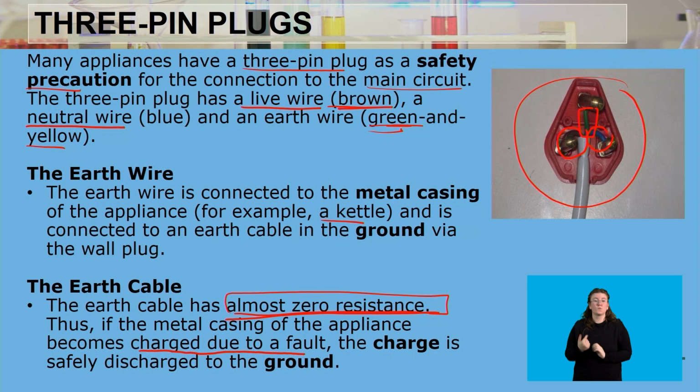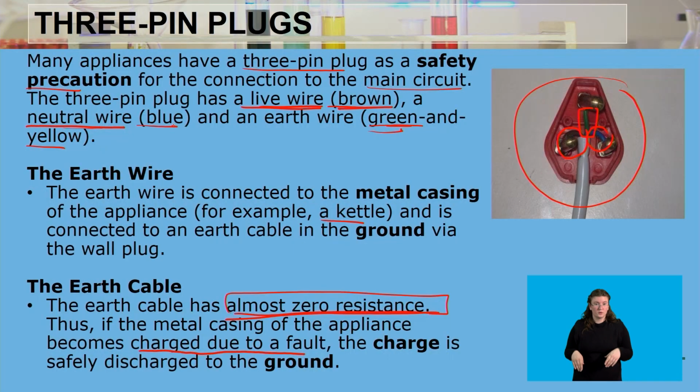So we know that a 3-pin plug has 3 wires. We have our live wire, which is brown, our neutral wire, which is blue, and our green wire or yellow wire or a combination of both, that is our earth wire.